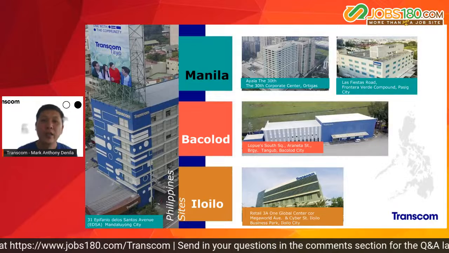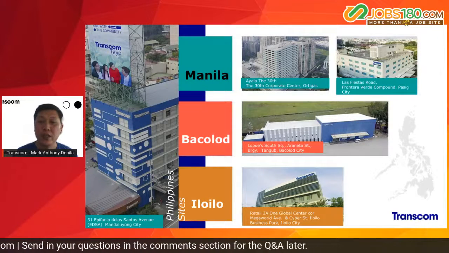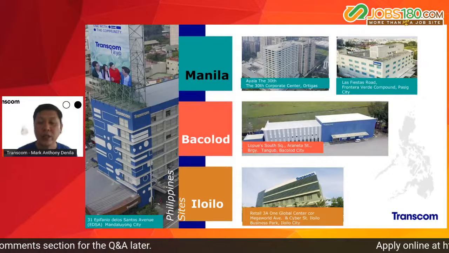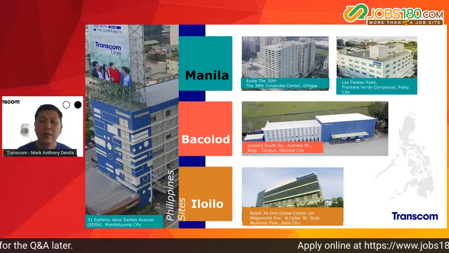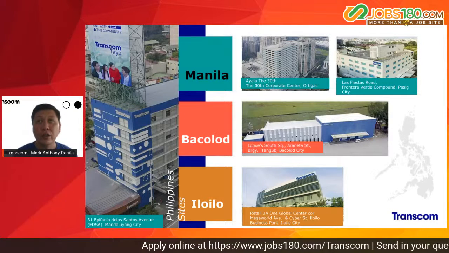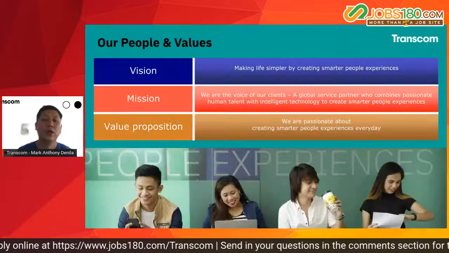Where we are located in Manila, our operations are in Ayala the 30th, in Ortigas and Frontera Verde in Pasig. We have another site in Bacolod, and then another site in Iloilo. We have another site coming up, hopefully next month, in Davao.